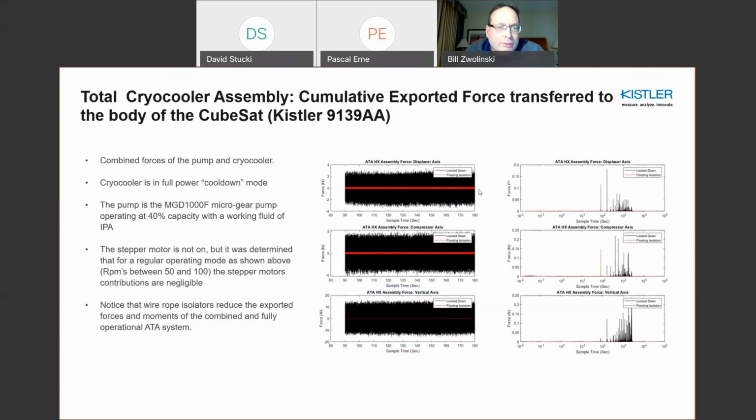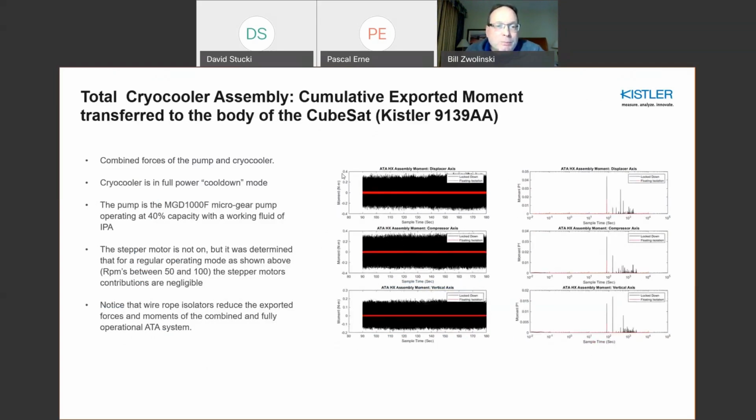It absolutely reduces the exported vibration substantially in force and certainly in moment as well. And this is the exported moment. This is a full complete cryocooler assembly, and you can see the reduction is quite profound, due to just using passive isolation with the wire rope isolators.